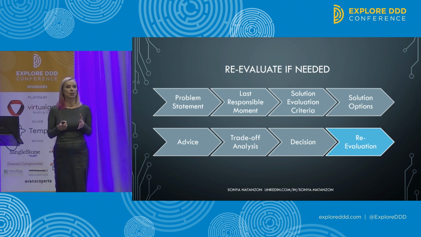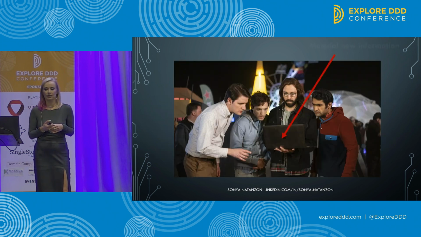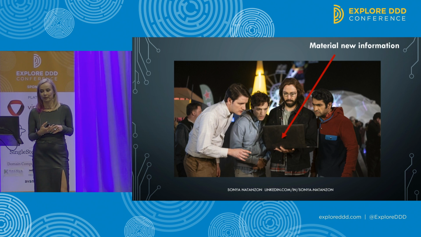This last step is conditional, and the condition under which you reevaluate your decision is when material new information comes to light. How do you define material? Material is anything that would have made you maybe take a different fork in the road in your steps 1 through 6.